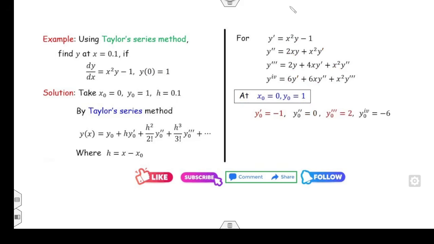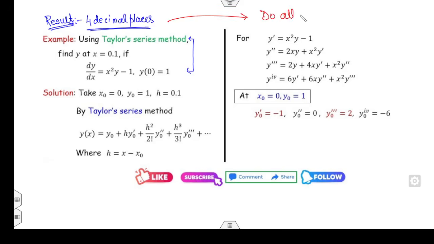Now you can see, does the statement say how many decimal places you have to work to? No. If nothing is said, then you have to calculate up to 4 decimal places. You have to put your result in 4 decimal places, and to get 4 decimal places you have to do all the calculations up to 6 decimal places.